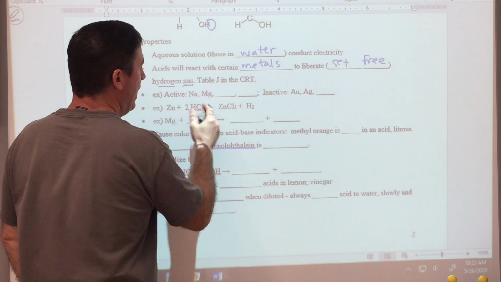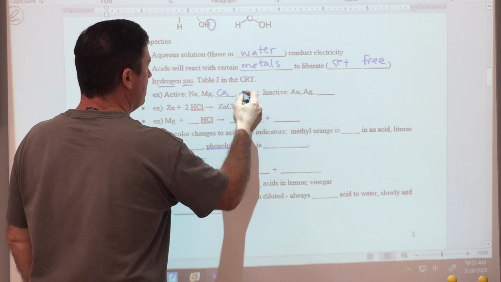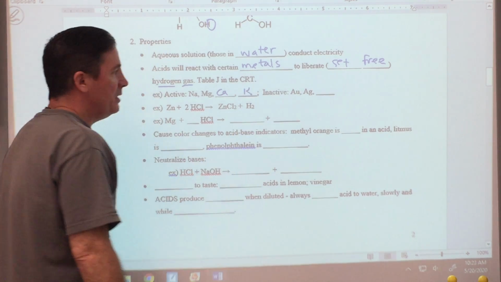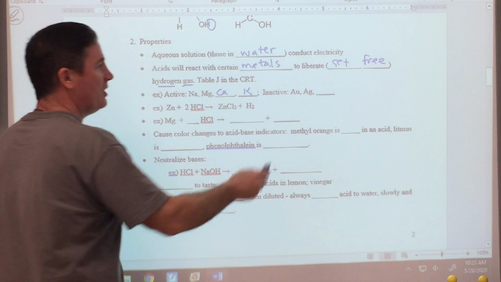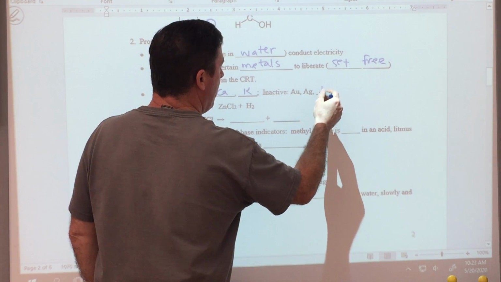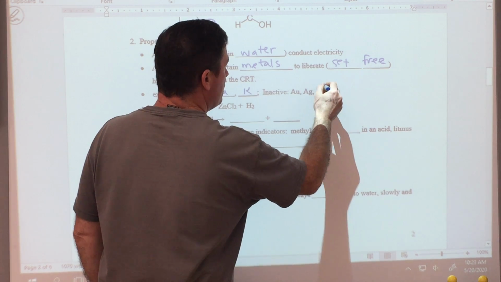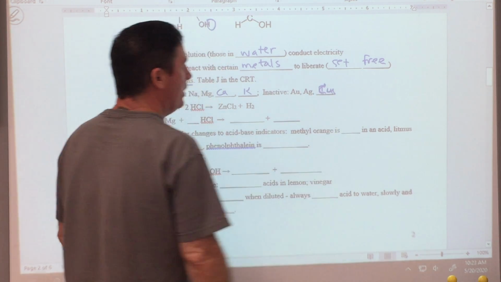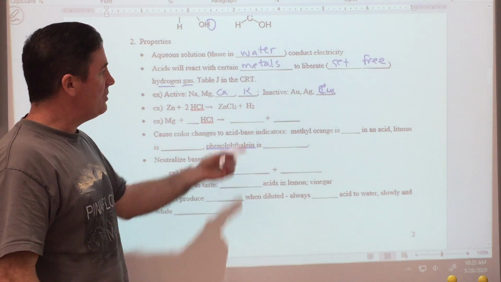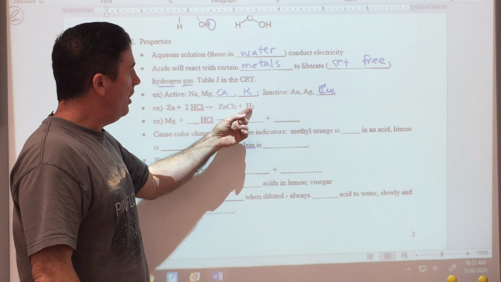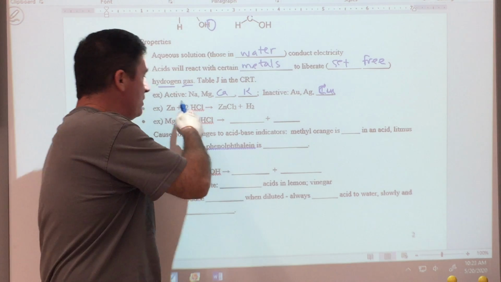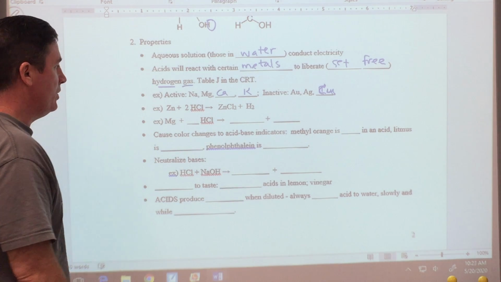So active metals: sodium, magnesium, calcium, what's another one up there? Potassium. But at the same time, there are inactive metals like gold, silver, copper is another one, Cu. So if I put these three in acid, it doesn't really liberate, it doesn't release the hydrogen gas like a zinc or a magnesium would.